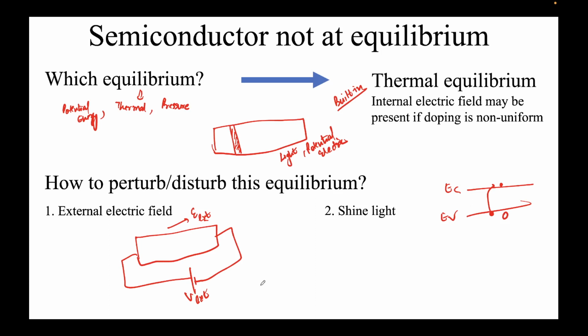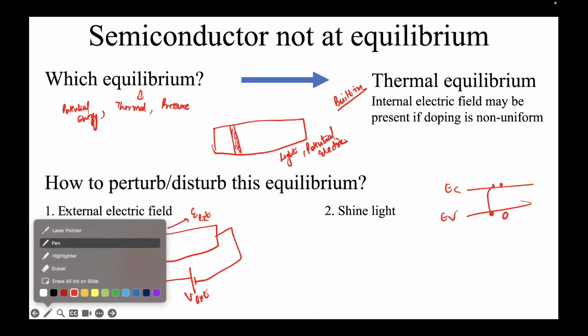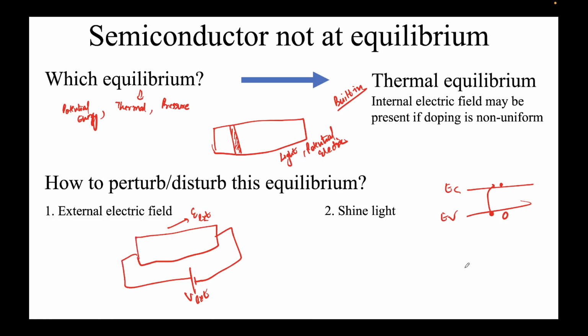So what I mean is that due to the shining of light, I'll tell you one more related concept to this. Effectively what you are doing is breaking this silicon bond, where electrons are here, and there are electrons roaming in the lattice. It's silicon, assume a 2D lattice for a simple picture. If you break this bond, these electrons will become free and a hole will be generated here.